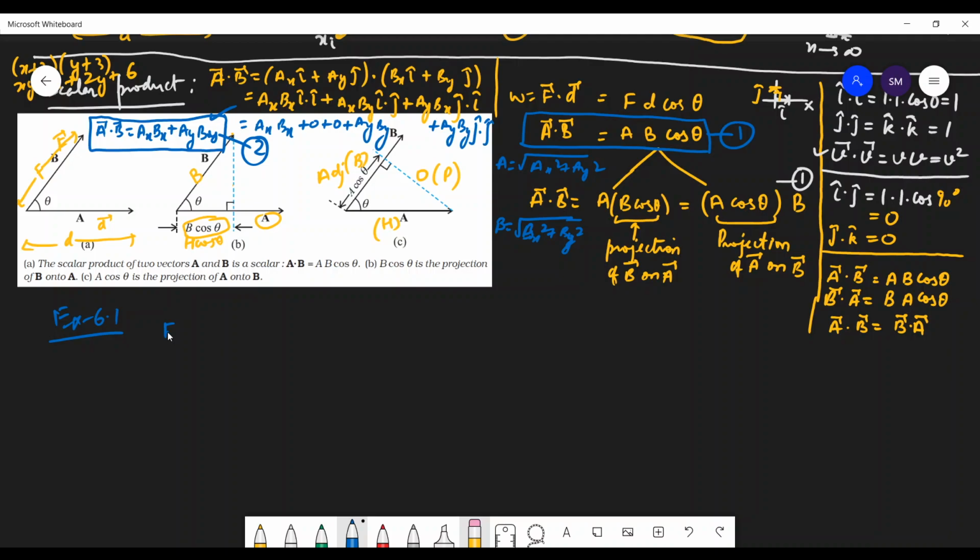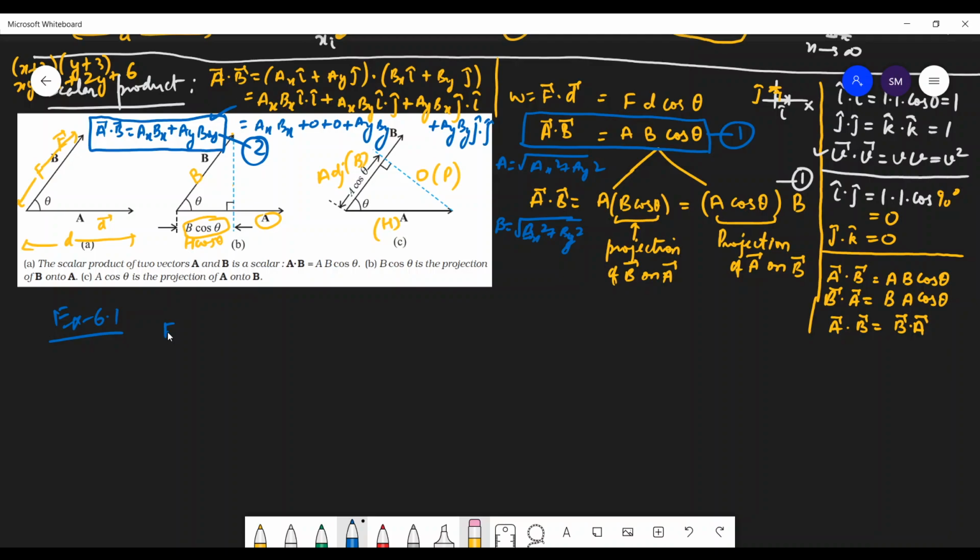And similarly, you can find D, that is equal to under the root 5 square plus 4 square plus 3 square. You can find this F in one more way, like, what is F dot F?